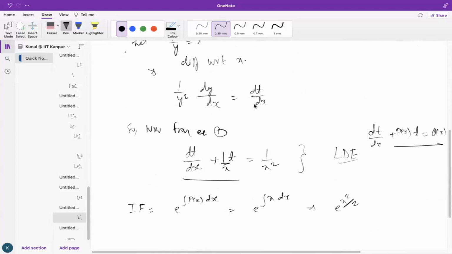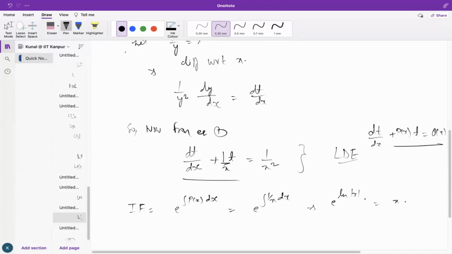So it's my bad, and the integrating factor changes. Actually, our integrating factor is now e to the power integral of 1 by x dx. The integration of 1 by x is ln mod x, so the integrating factor will be x.